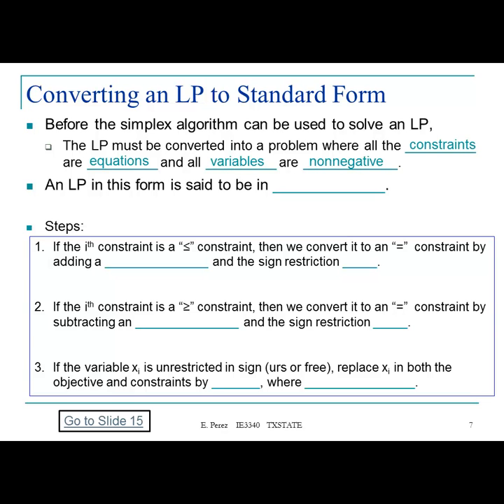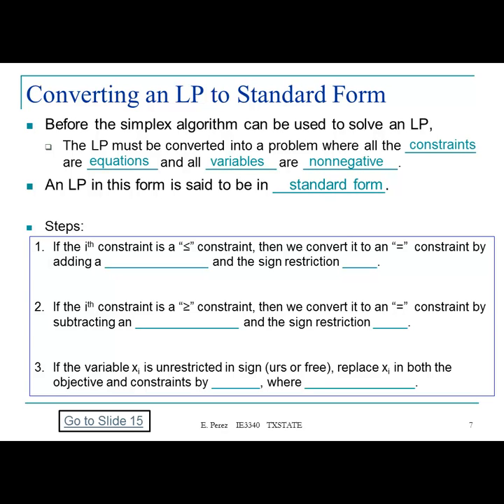An LP in this form is said to be in standard form. So we're going to make these inequalities equations, and when we get to that point, we can say that our equations are in standard form. So what are the three steps? These three steps depend on the type of constraints that you have.